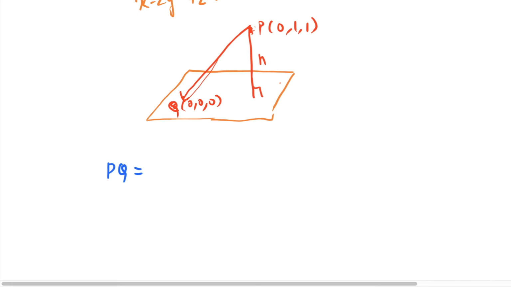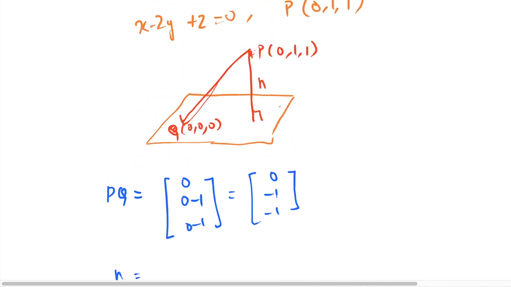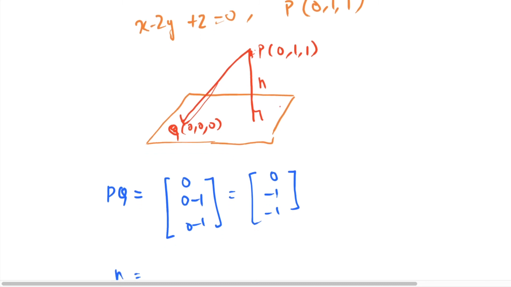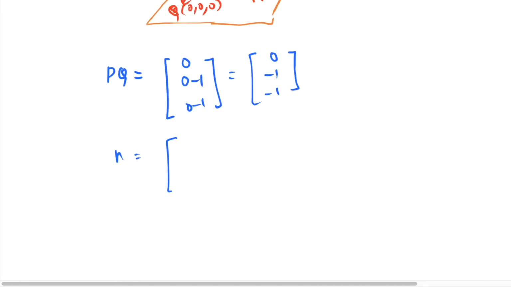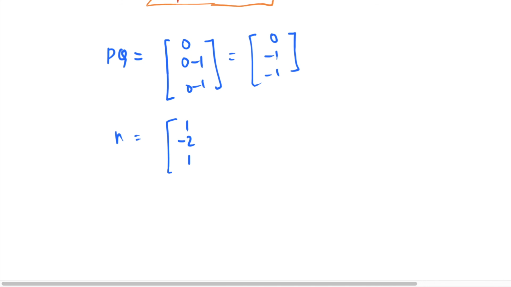The vector PQ will be equal to 0, then 0 minus 1, and then 0 minus 1. So this will be 0 minus 1 minus 1, and the normal vector to the plane would be 1 minus 2 1, right? It's evident from the equation here.